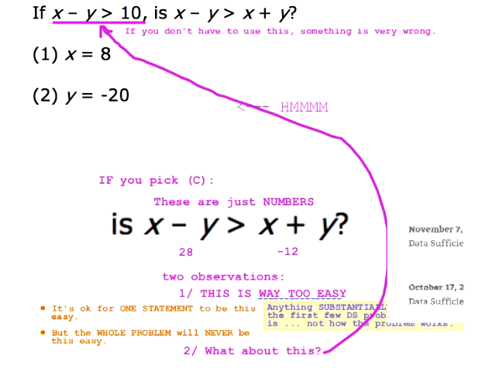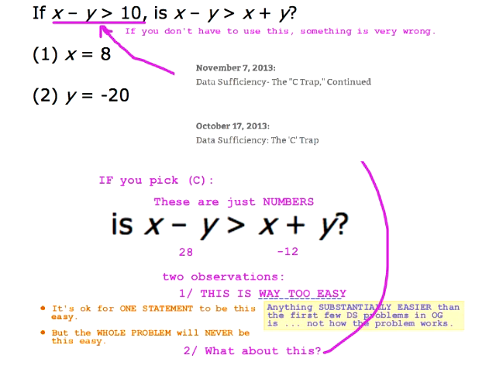These are from the archived sessions. C-trap is what we call it when choice C is way too easy and ignores stuff. If choice C does both of these things, do not pick it ever. Don't do it. Okay.